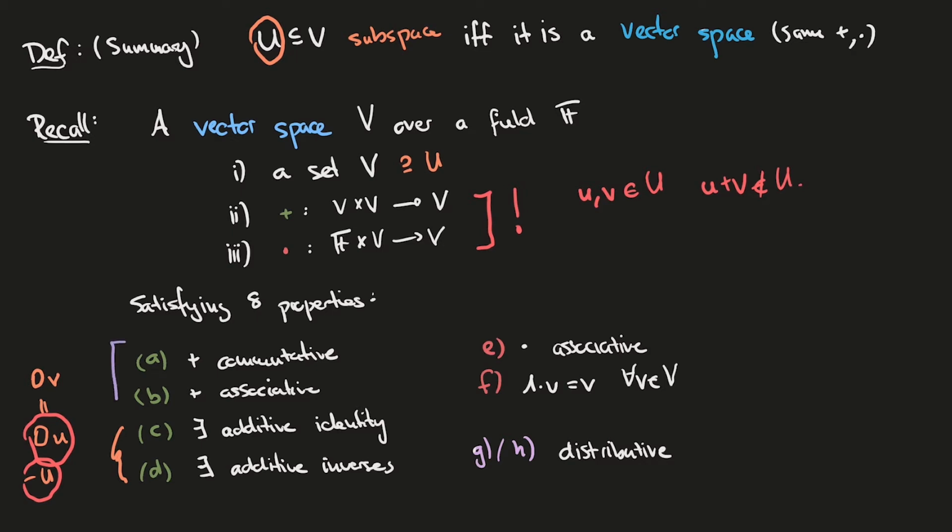There are 5 properties remaining, but it will turn out that these properties are automatically fulfilled once we make sure that the addition and scalar multiplication on U are well defined. This is simply because these properties hold on the larger space V, and each element in U is also an element of V.